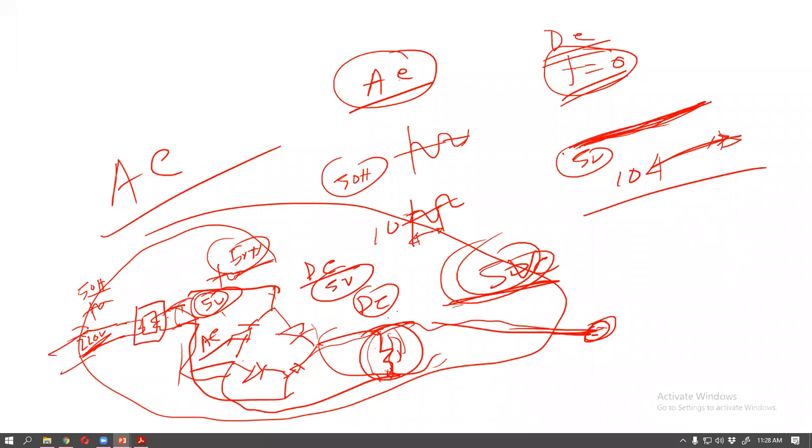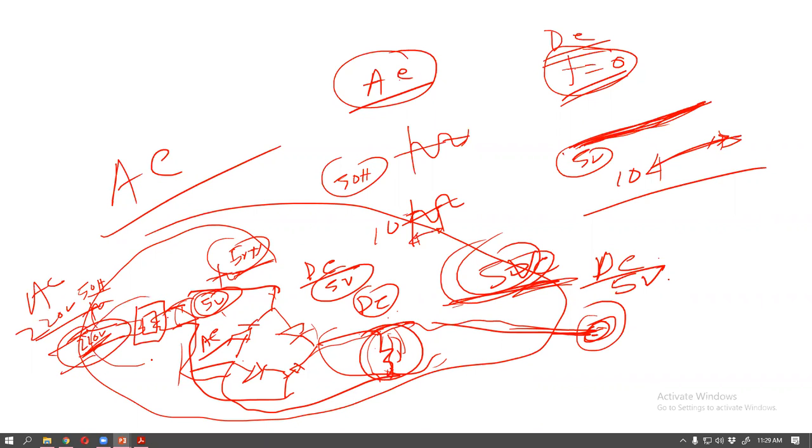This is your supply, 220 volt AC, but your charger is 5 volt DC. So for this AC to DC conversion, one device is the transformer. The transformer does not convert AC to DC.